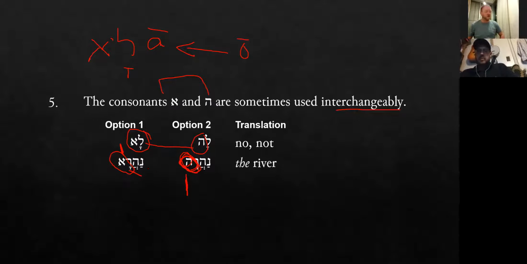That seems really weird, but it's an inconsistent language. Not only that, if you have a quiescent aleph in the middle of a word, like rosh in Hebrew, head, in Aramaic it is resh. That's an example of a quiescent aleph. The aleph likes to disappear when it's quiescent. That is a pain.